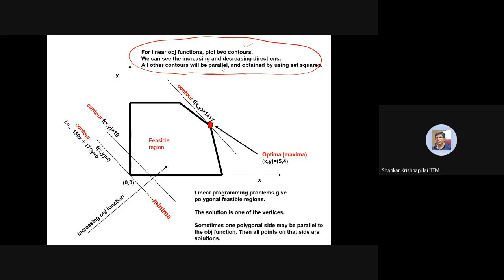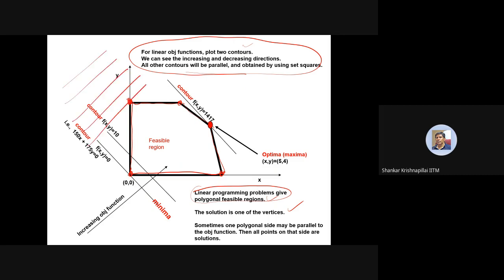Another important thing is that linear programming problems will give polygonal feasible regions like this. It will always be a polygon like this. The solution is one of the vertices. It may be here, here, here, here or here. Suppose in this problem we slightly change the objective function, then the contours may come like this.